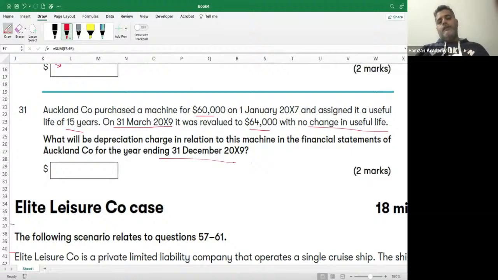So we got the machine on 1st January, right? And then we had the revaluation on 31st March 20x9, right? Okay, so now we have to approach this. Overall, what we have to do is calculate the relevant amounts and figures.